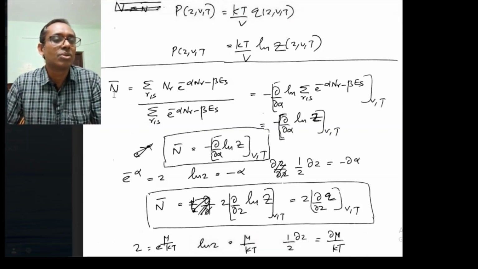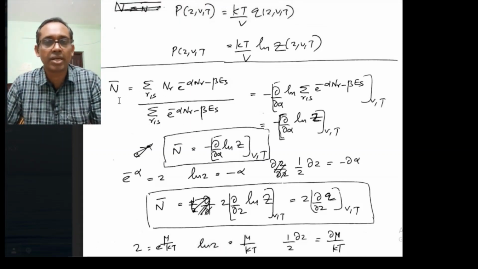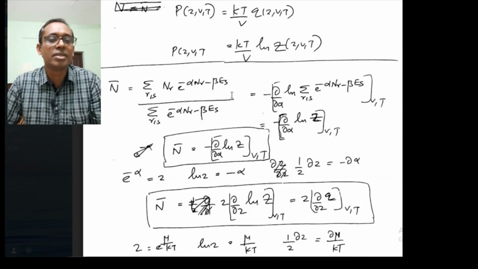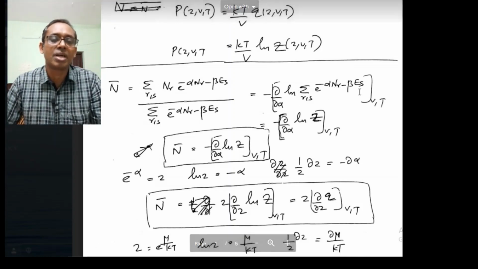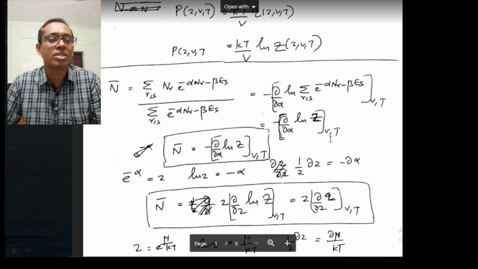So as we evaluate this, you will get the average number of particles in the system. And this is clearly minus dou by dou alpha, the partial derivative of log of sigma over r, s of e to the power minus alpha nr minus beta Es, when volume and temperature are constants.